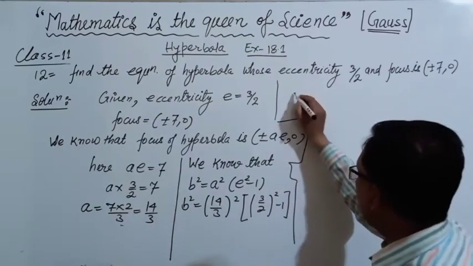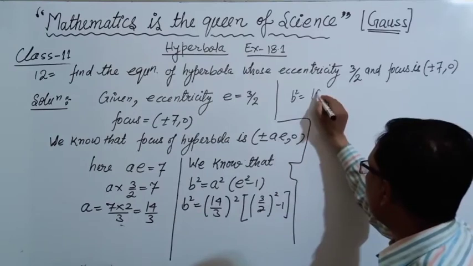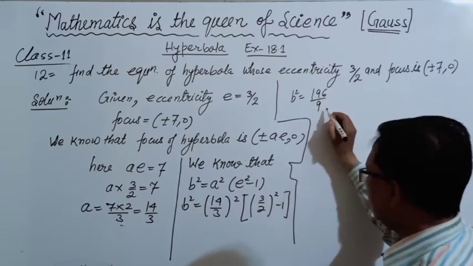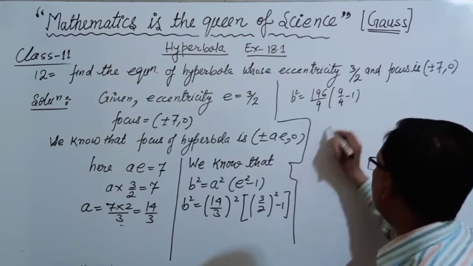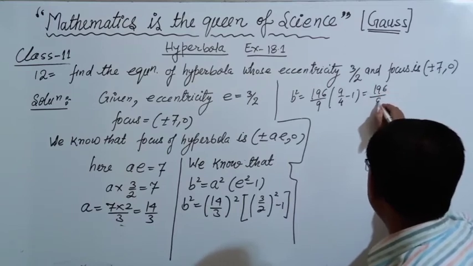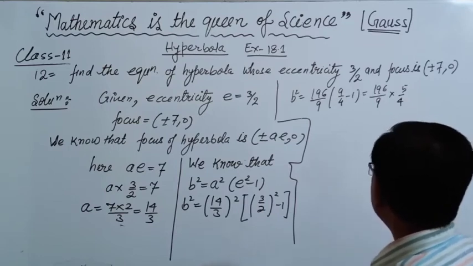Now student, b square is equal to square of 14, which is 196 upon 9, and in the bracket, this is 9 by 4 minus 1. So this is 196 upon 9 into 5 by 4.